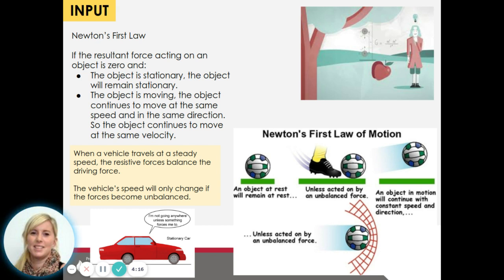Okay, so this rule is when everything is balanced, when the resultant force is 0, objects that are stationary remain stationary, and objects that are moving carry on moving at a constant speed and a constant velocity. Okay, so that's his first law.